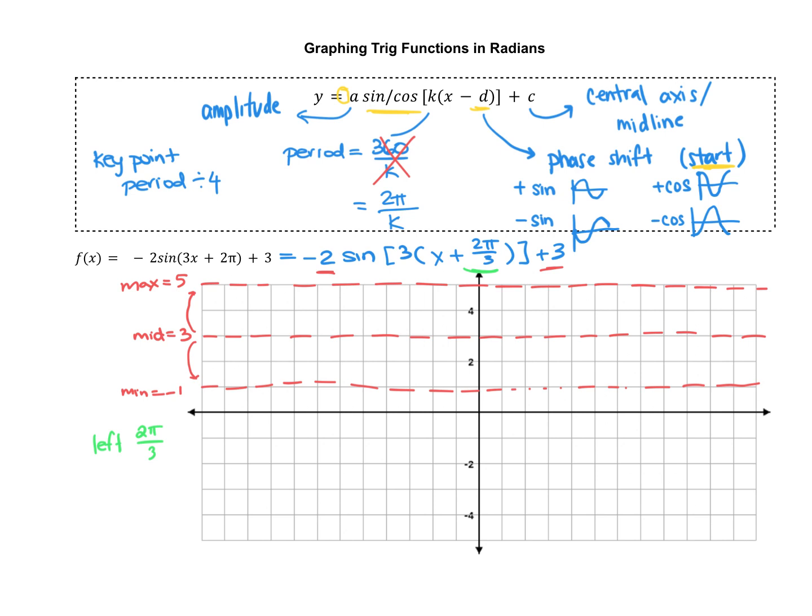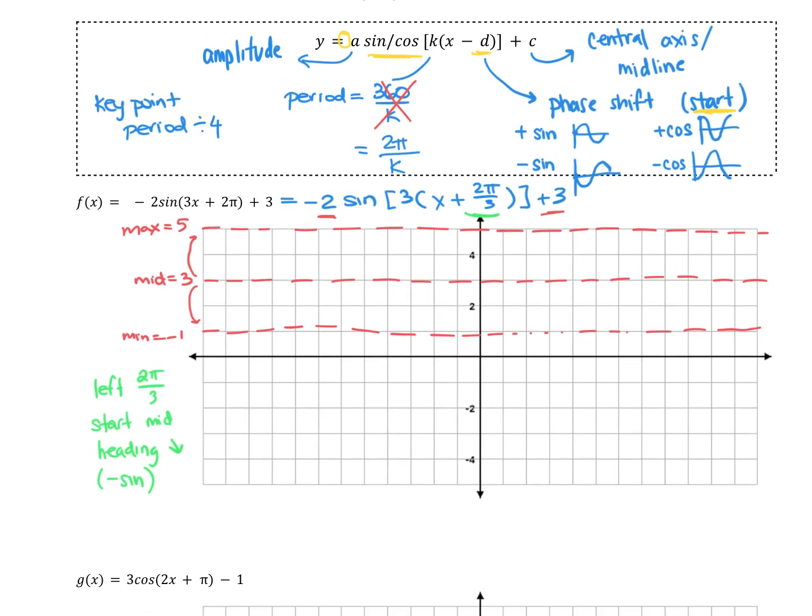So I know I'm going to start left 2 pi over 3. I also know I have a reflected sine function, which means I'm going to be starting on the midline, heading down to the minimum because it is a reflected sine. And let's get our period, and then we can actually start graphing.